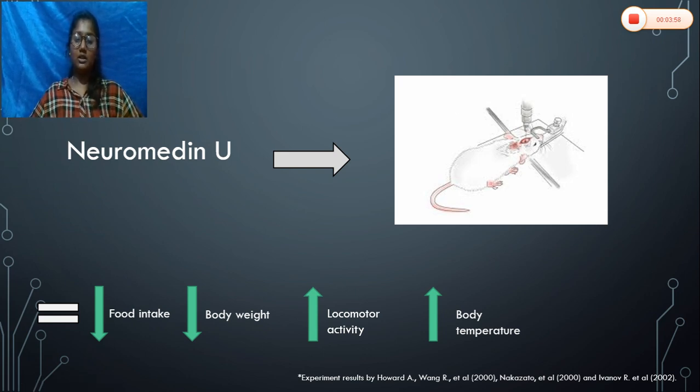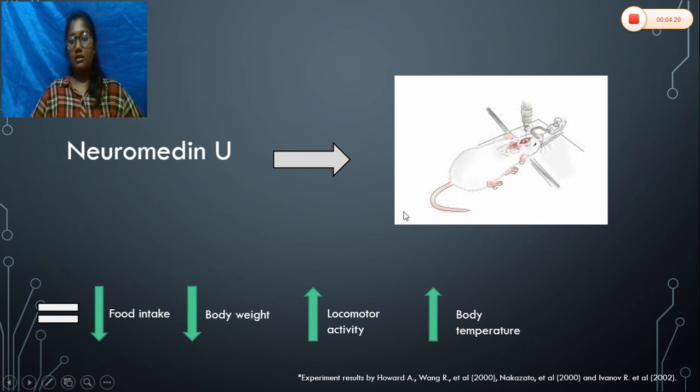The neuromedin U bound to the NMUR2 receptor and triggered signaling responses, which ultimately resulted in reduced food intake, reduced body weight, increased locomotor activity, and increased body temperature in these obese mice. These overall results indicate that neuromedin U is a potential appetite suppressor when combined with NMUR2.